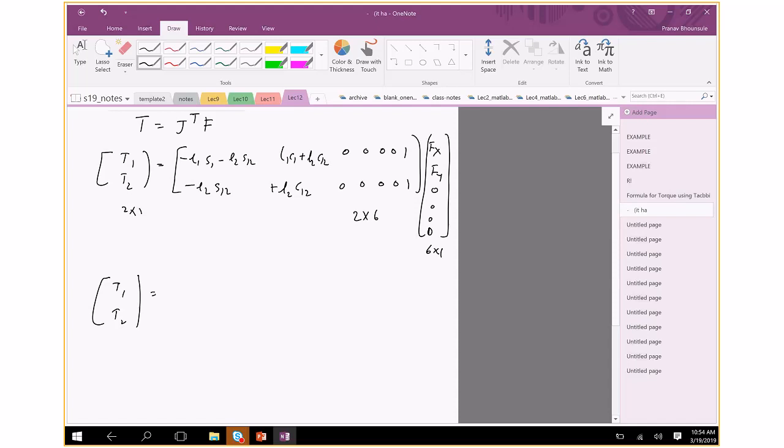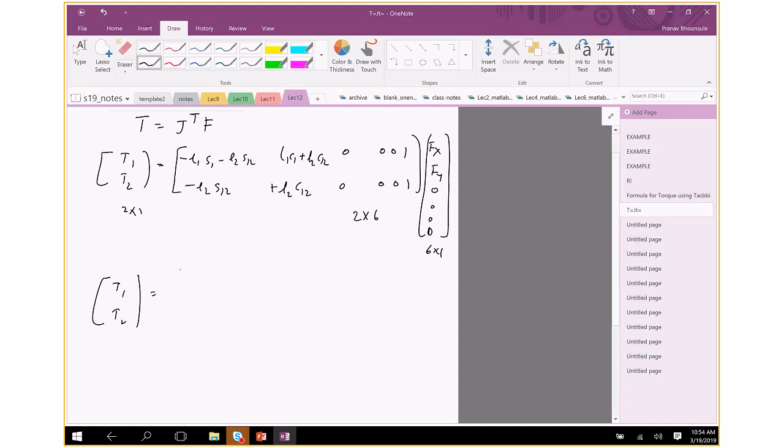Torque 1, torque 2 equals, 1, 2, 3, 4, 5, 6, 7. Yes, I put an extra one. Yeah, this is better.